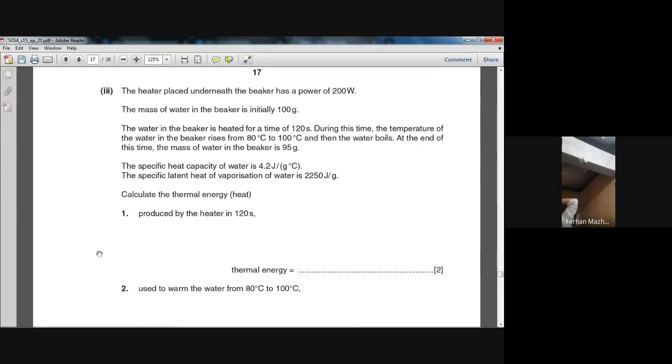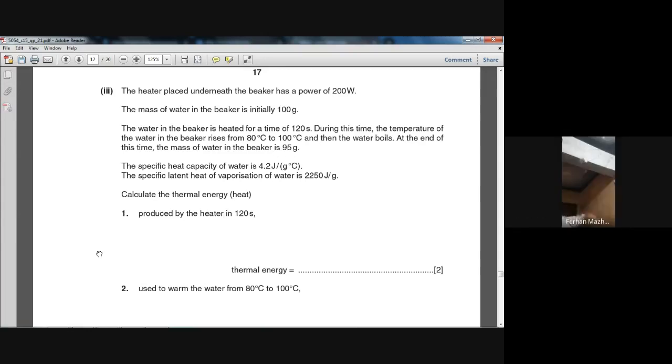Okay, so the energy is equal to power multiplied by time. The power of the heater is 200 watt and the time is 120 seconds. Just write the formula: energy equals power multiplied by time. 200 watt multiplied by 120 seconds, and get the answer.